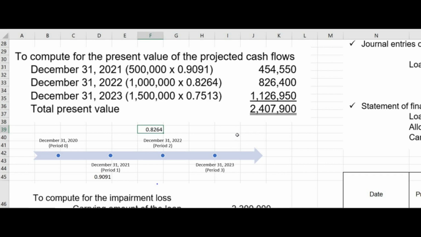That is the factor to be multiplied to 1 million since it will be received 2 years after. And then lastly, for period 3, the factor is 0.7513.